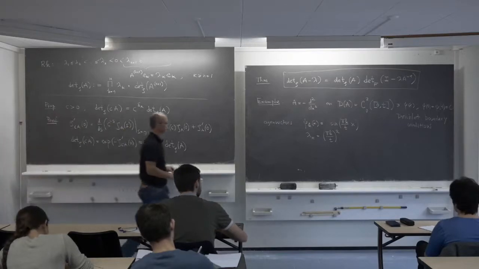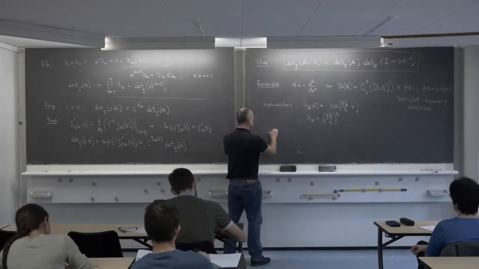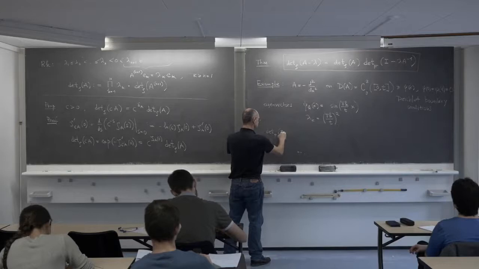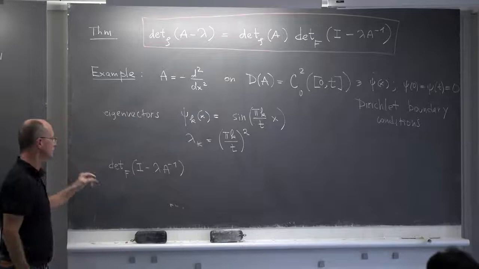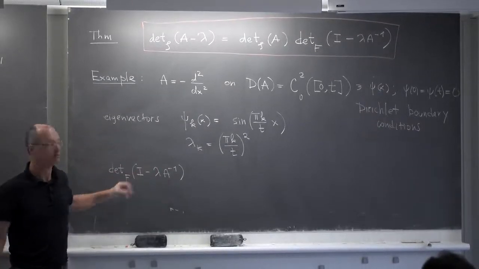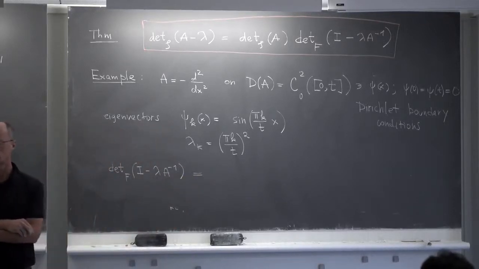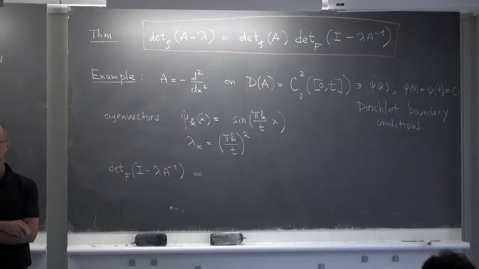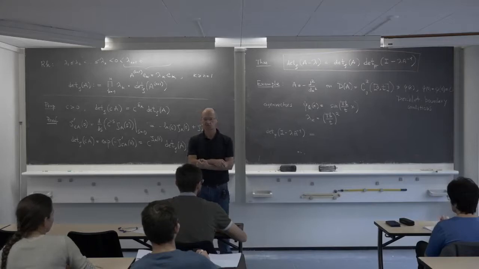So maybe we start with the Fredholm determinant of 1 minus lambda A inverse. Of course, this A is invertible. By the way, maybe a test question: how do you write the inverse of A? Just to check whether we still remember the Wednesday class.